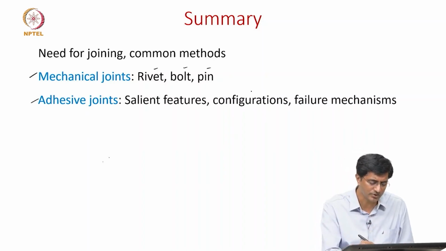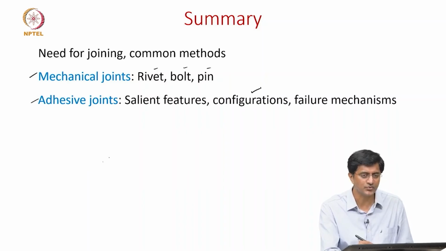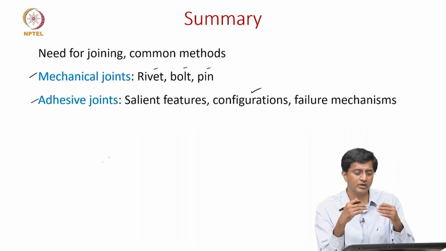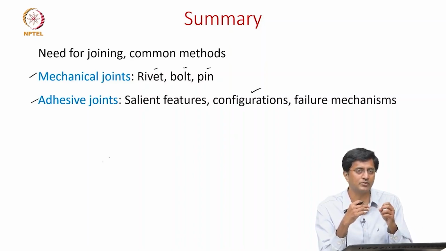Later, we focused on different configurations which people use for the adhesive joints, like the single lap or the double lap or single or the double strap joints. And lastly, when space is limited, we said we can also go with the butt joint, but these are usually weak. But to improve the joint strength, one should go with the scarf joints.